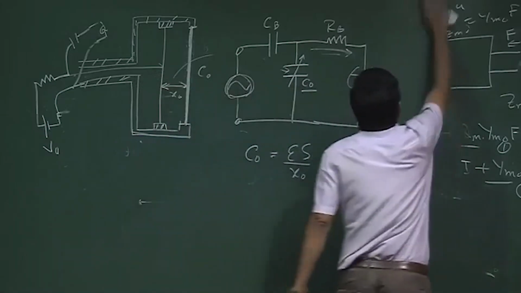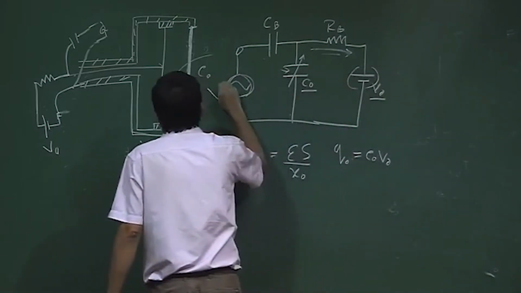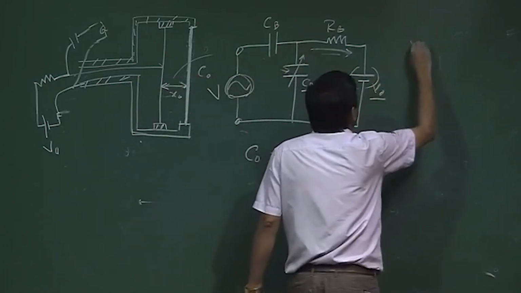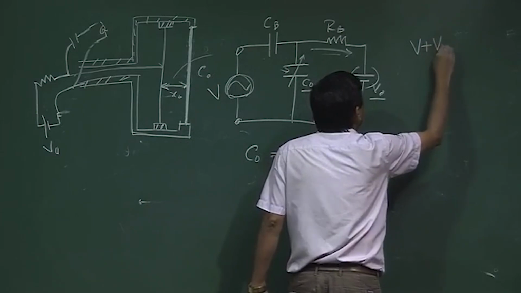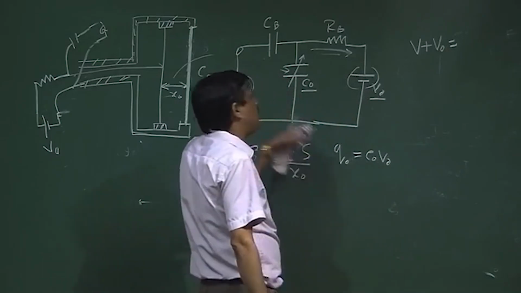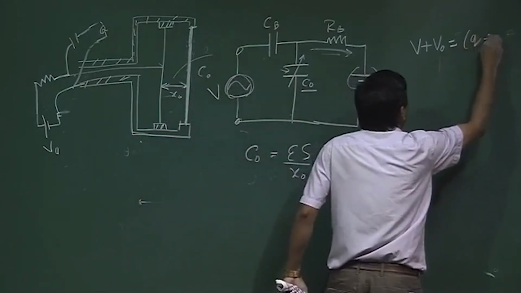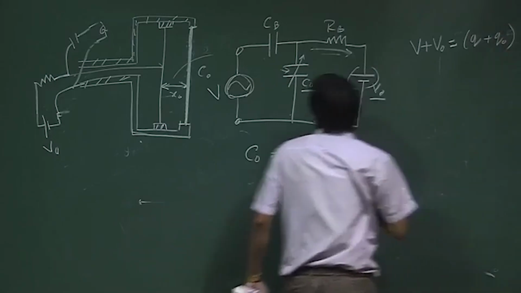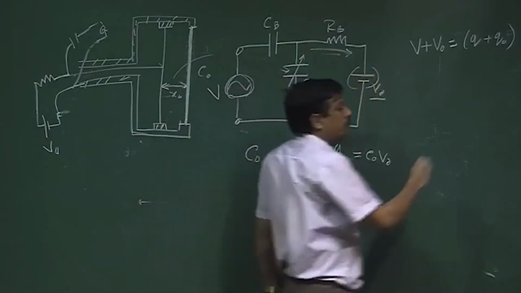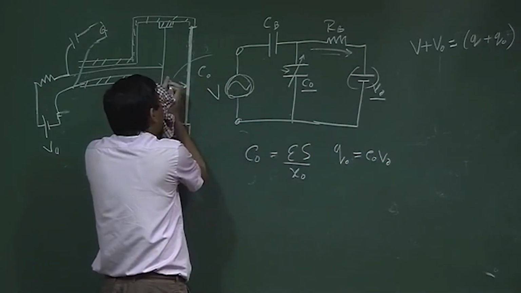Now, I apply a variable signal voltage V on this terminal. So, the total voltage is V plus V0. The charge will change from Q0 to Q0 plus Q; an extra charge Q is induced here. If the charge increases, the displacement will reduce, or if the charge decreases, the displacement will expand.